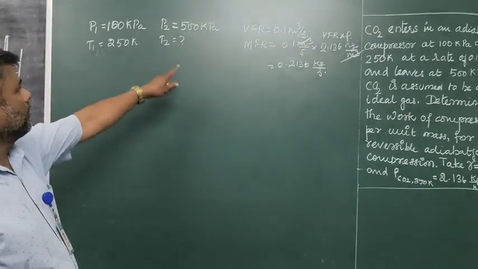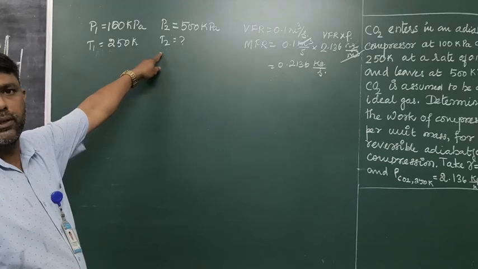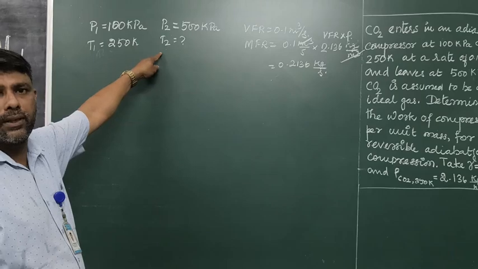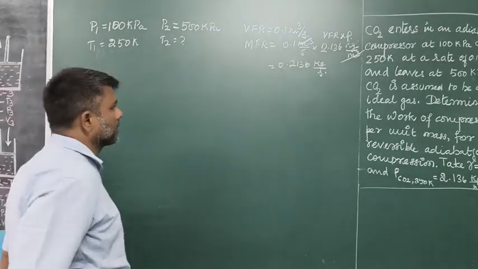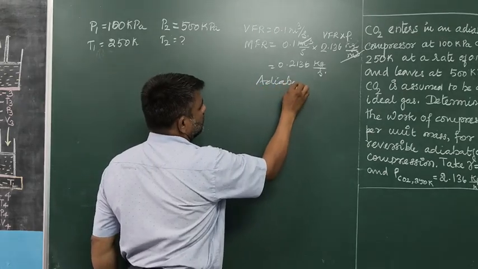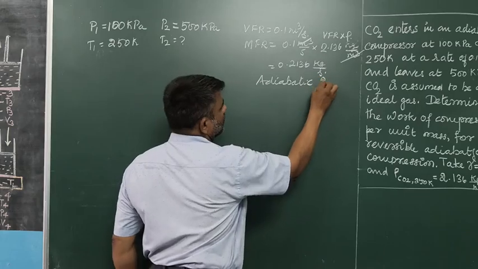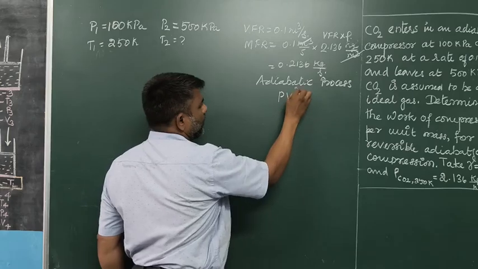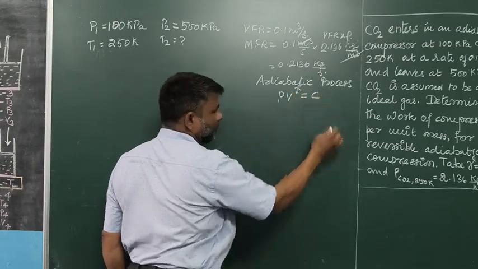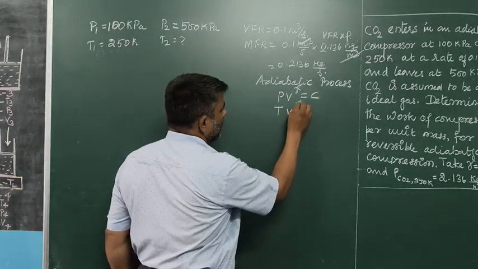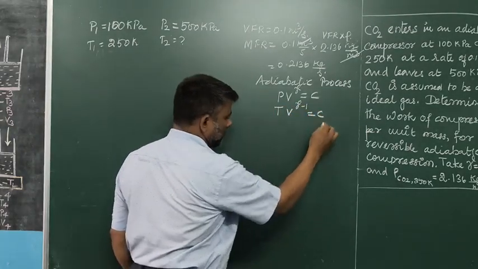Final temperature, you have to determine by using the pressure volume temperature relationship of an adiabatic process. For an adiabatic process, PV power gamma is equal to constant. TV power gamma minus 1 is equal to constant.